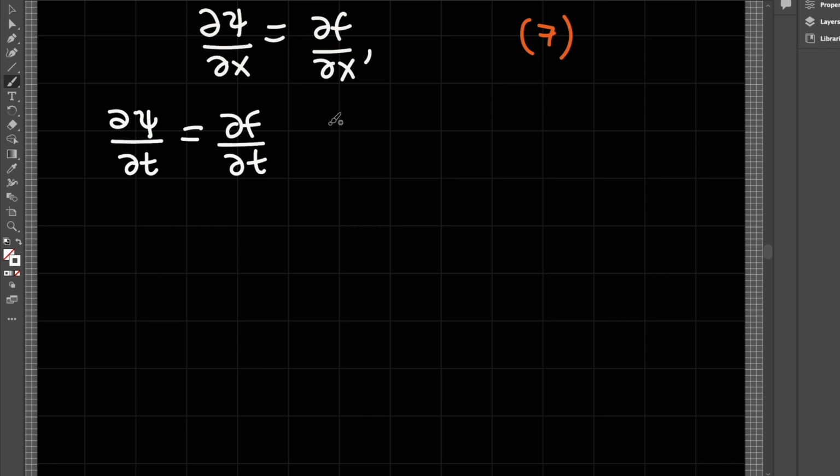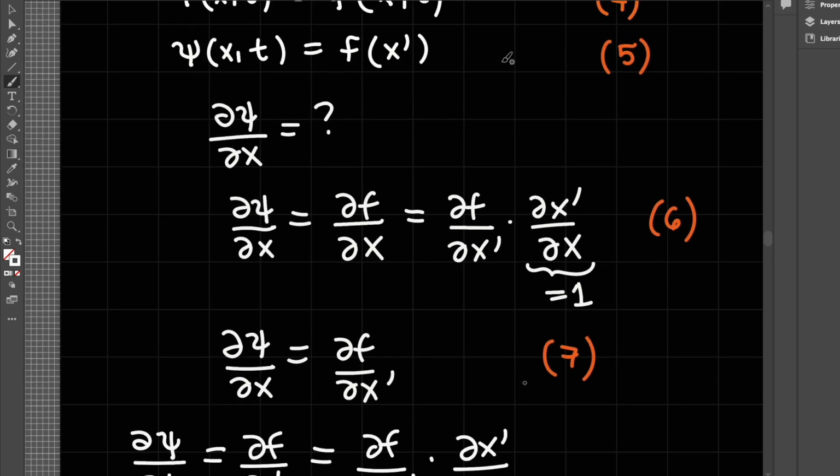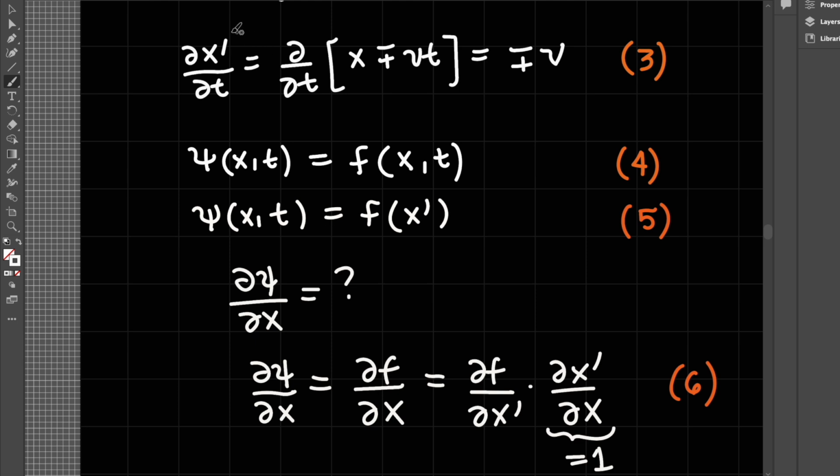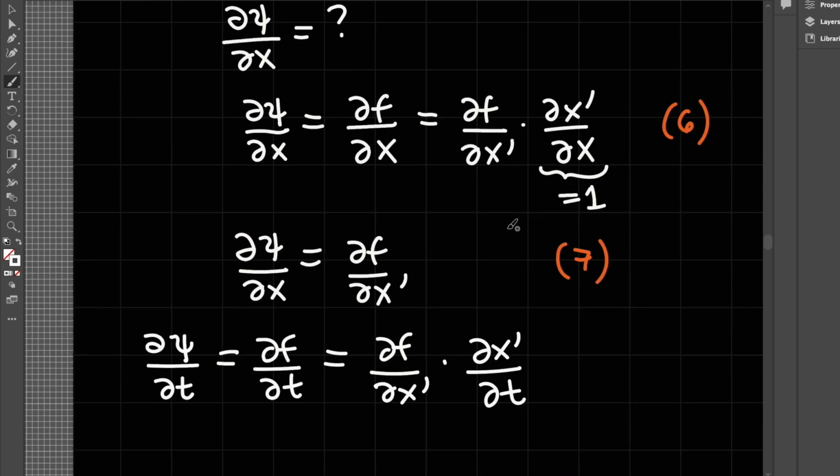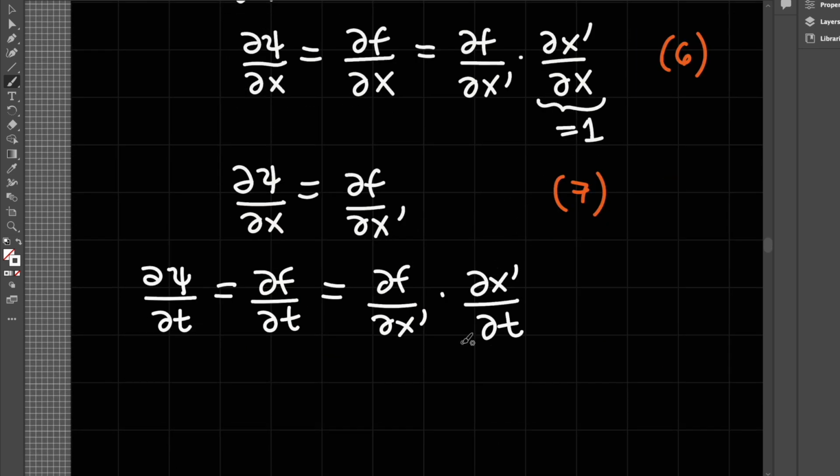Again, using the chain rule, this is also equal to partial of f over partial of x prime times partial of x prime over partial of time. But then again, if we look at equation 3, partial of x prime with respect to time is equal to negative positive v. Therefore, this term here is equal to negative positive v.